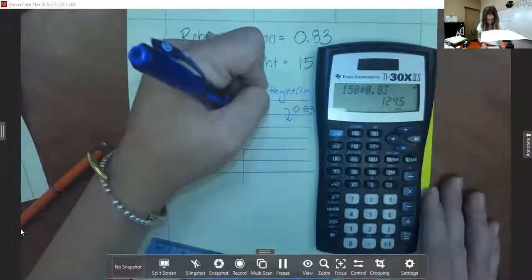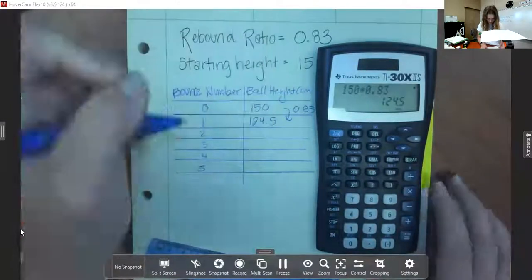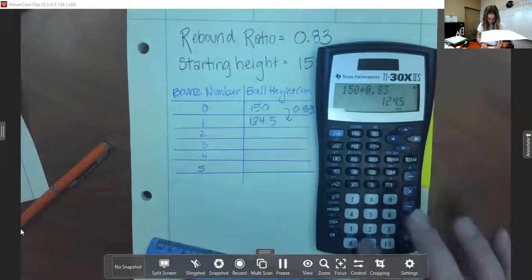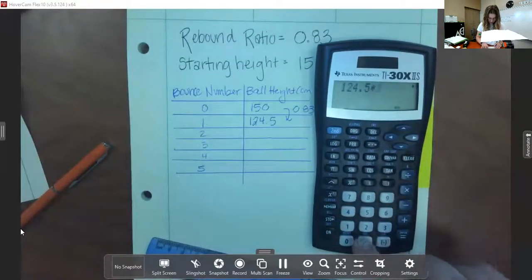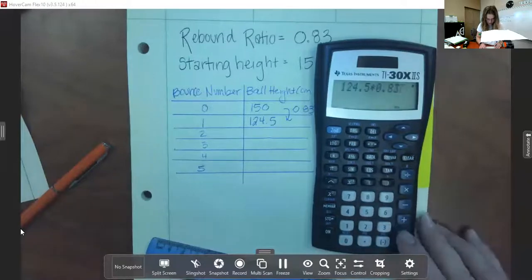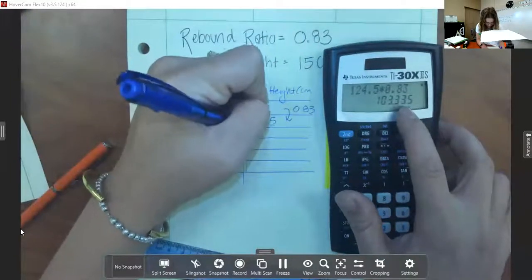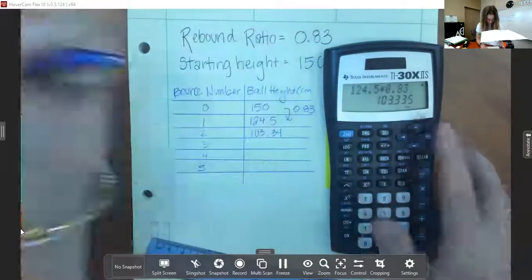We'll get 124.5. All right, then we'll take that number and multiply it by the same rebound ratio. And we'll round to the nearest hundredths place, so that would be 103.34.